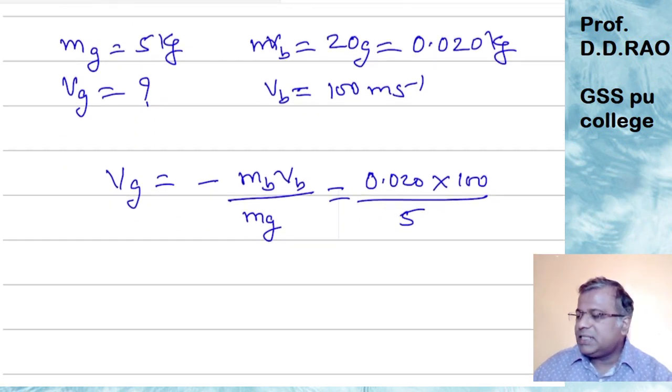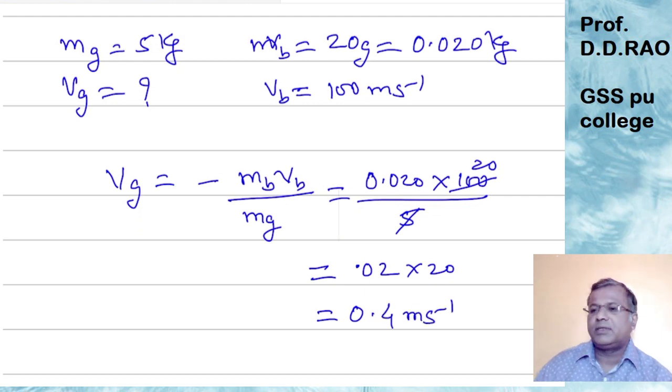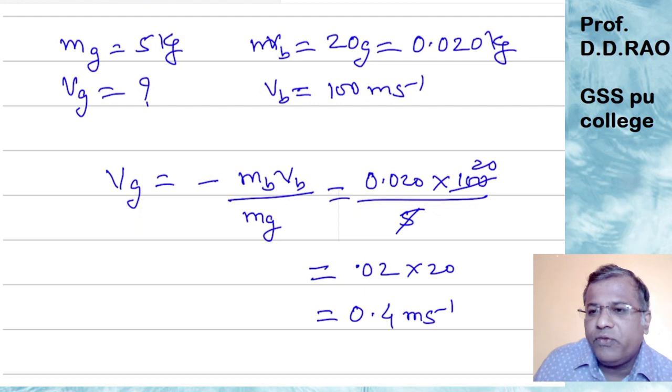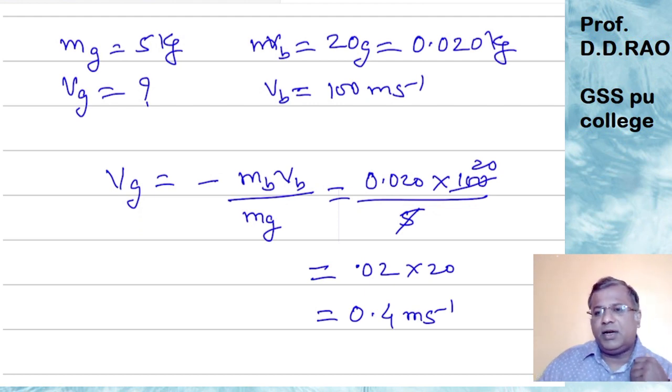And what will this value be if I just calculate it? Okay, so you will get 20, so 0.02 into 20, right? So it will be 0.4. Now just see with what velocity the gun recoiled. The gun recoiled with a very small velocity, just 0.4 meters per second.